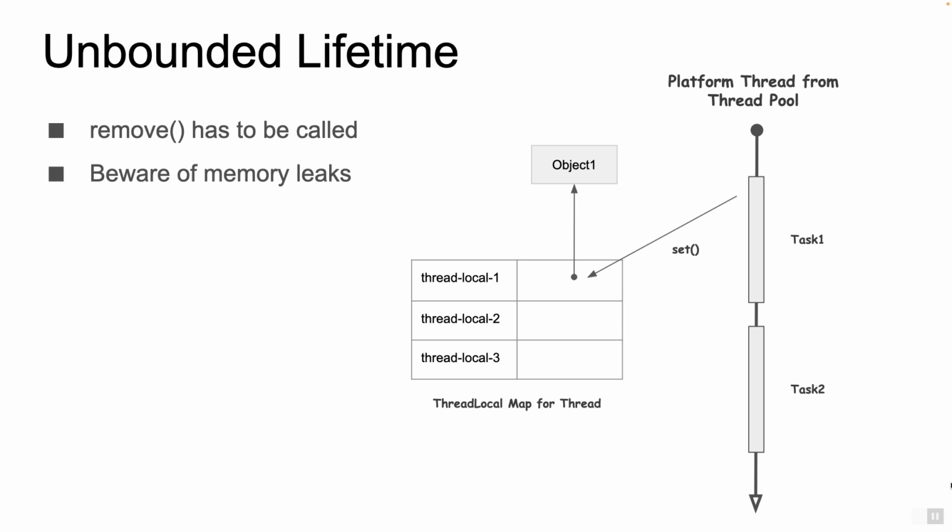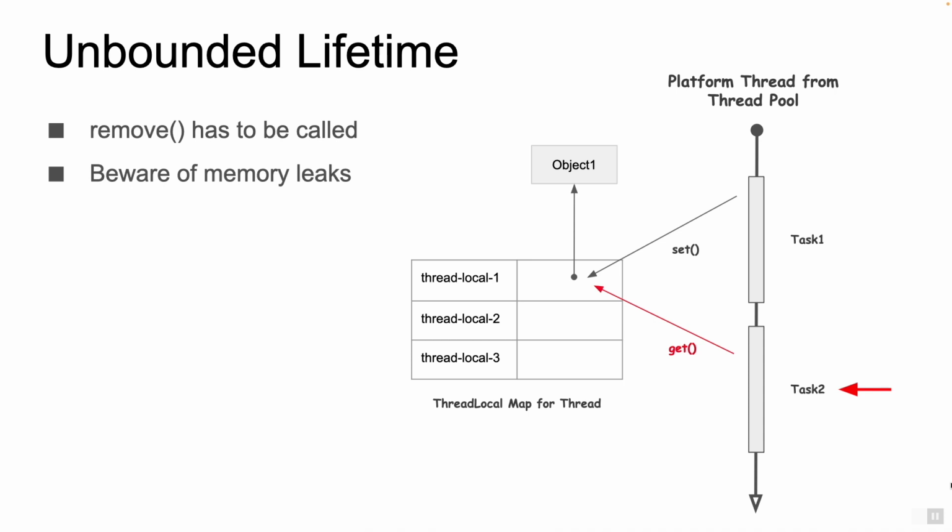The thread local value would not be garbage collected because the reference to that is still in the thread local map for that thread. And the thread is not going to die anytime soon. The entry in the thread local map will also not be removed. Worse still, the thread will start running some other task soon, which now has access to the thread local created from task 1.